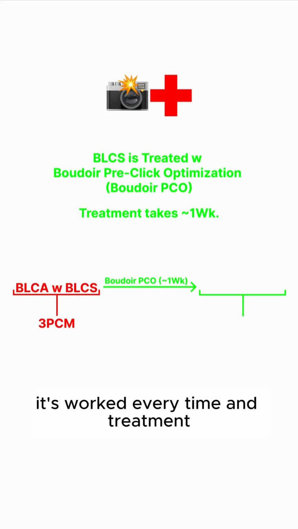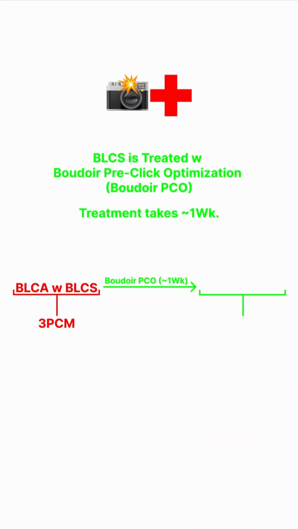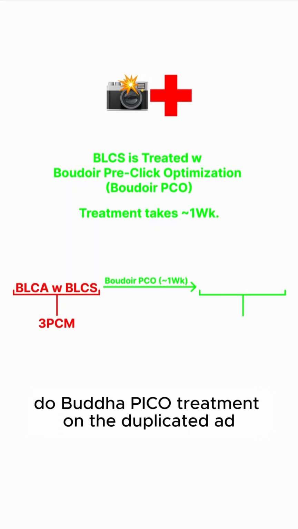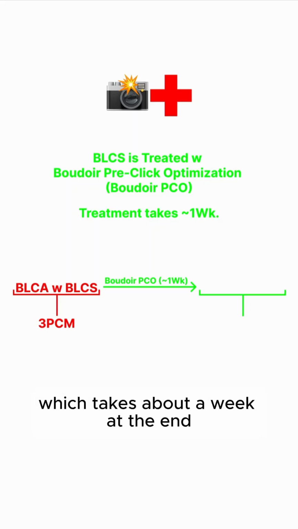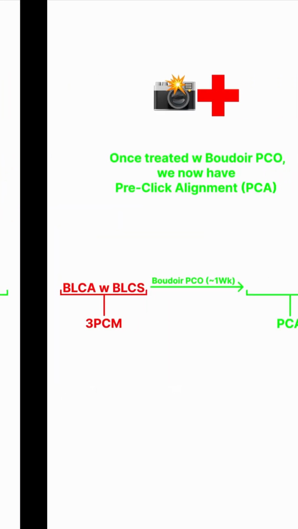It's worked every time. The way treatment works is we duplicate the current Boudoir Facebook ad, leave the original, and do Boudoir Pico treatment on the duplicated ad, which takes about a week. At the end, we keep whichever one running has the best metrics.